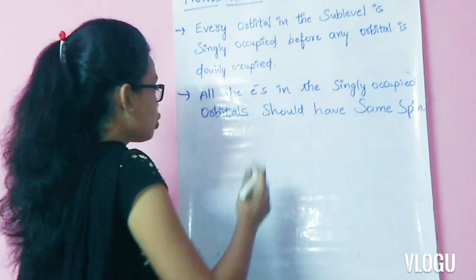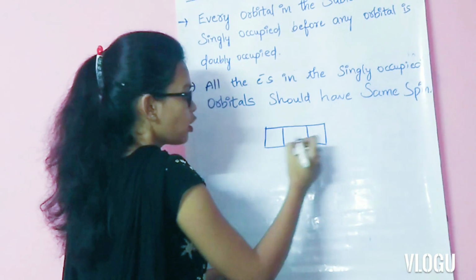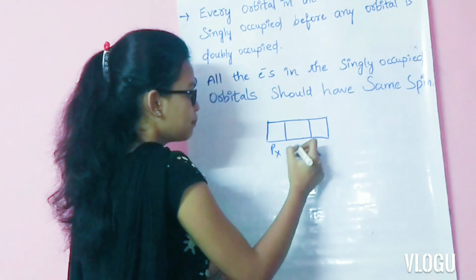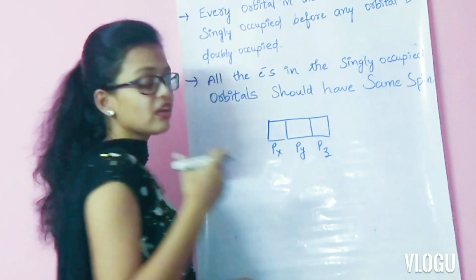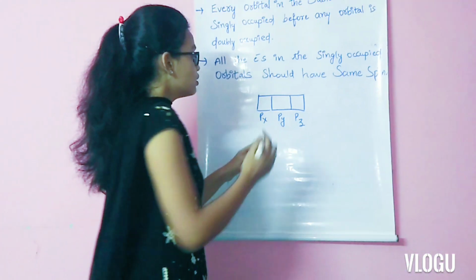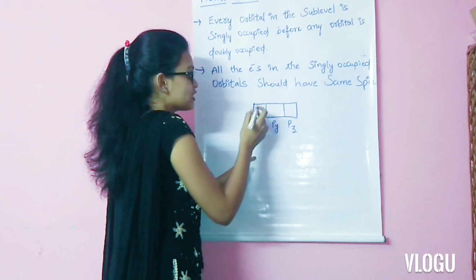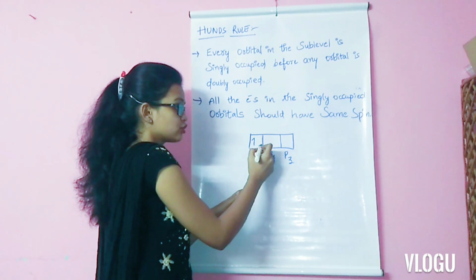Let us see the example of the p sublevel. The p sublevel has three orbitals. They are px, py and pz. All these orbitals are degenerate, that means they have the same energy. So the first electron enters px, and the next should not pair up with it.